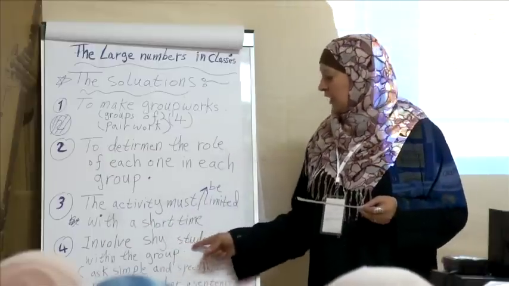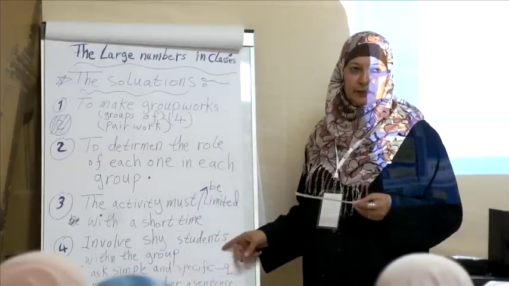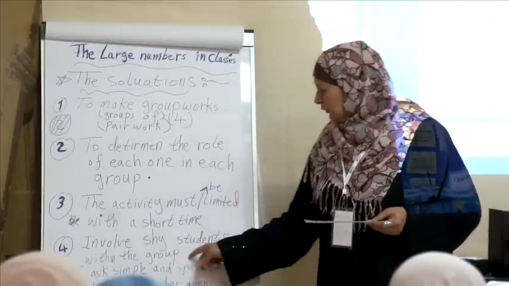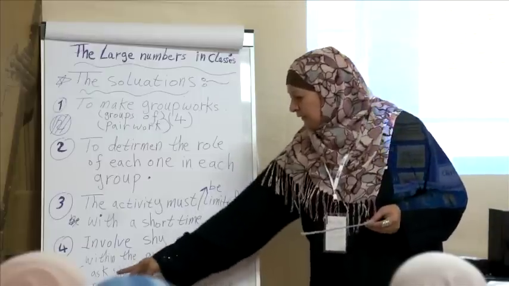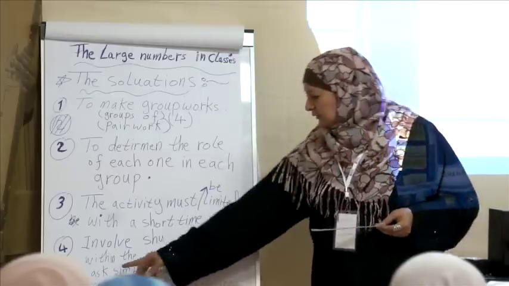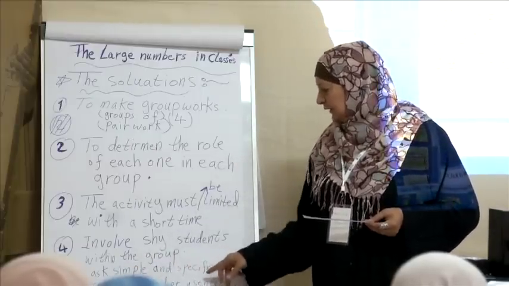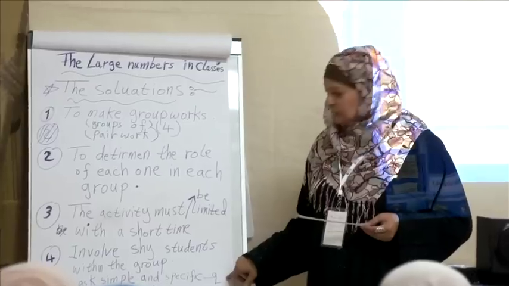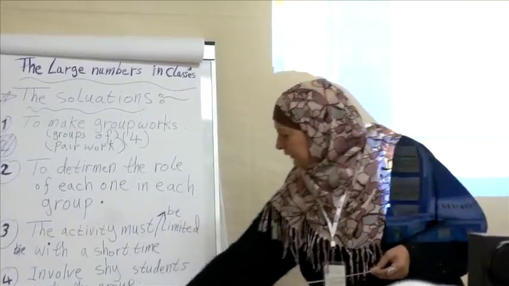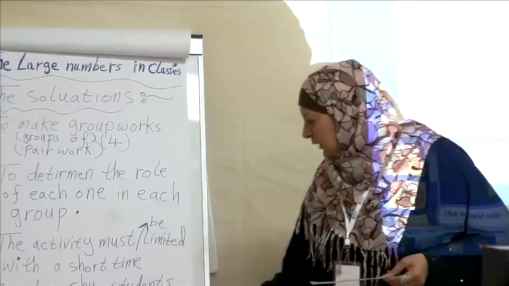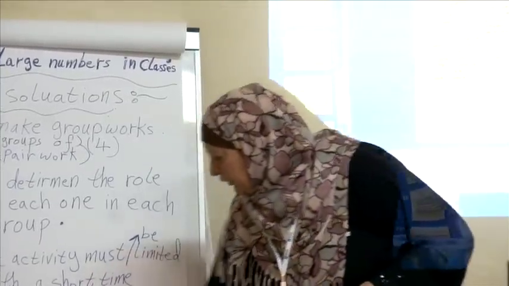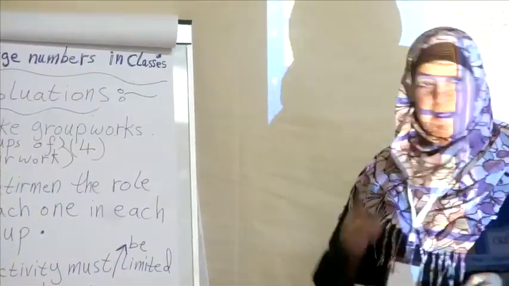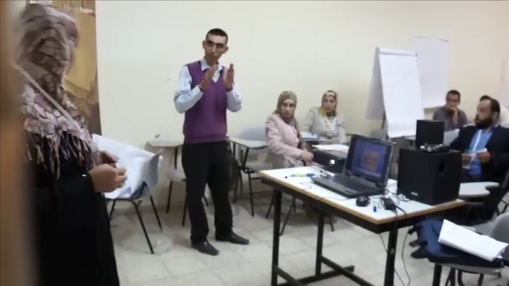Number 4, involve shy students. This is the important point. With the group, ask for an example. They can ask some simple and specific questions. Number 5, repeat a word or a sentence. Number 6, avoid asking students twice. This is for the participation of students.